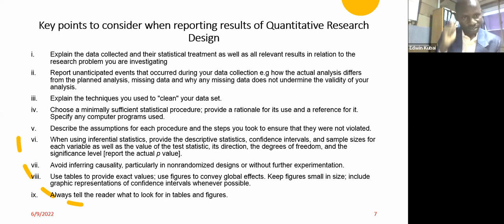When you are reporting your results, the focal point should be on your research problem and also the research objectives or the hypothesis that we generated earlier on. So that when you are analyzing your data, that data should respond to the research question that you had earlier posed, that you are looking for answers to.